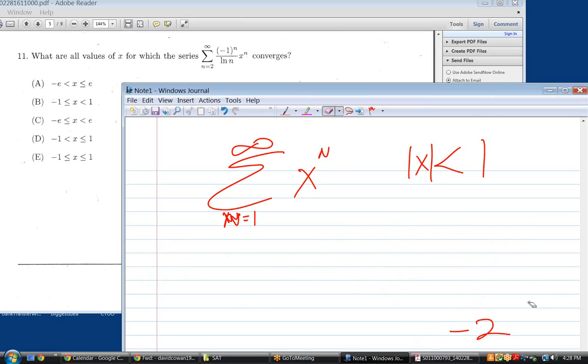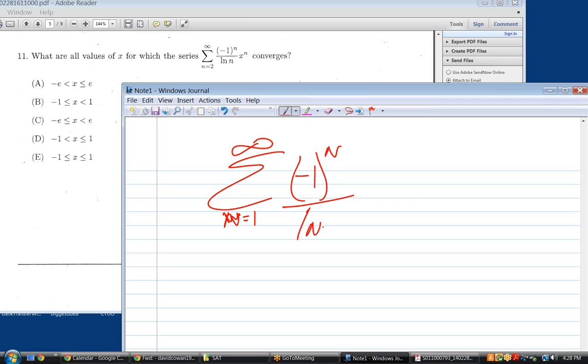Now, the question becomes, what is the effect of having this other stuff in here? In other words, as n goes up, and you see why they started this series at n equals 2?